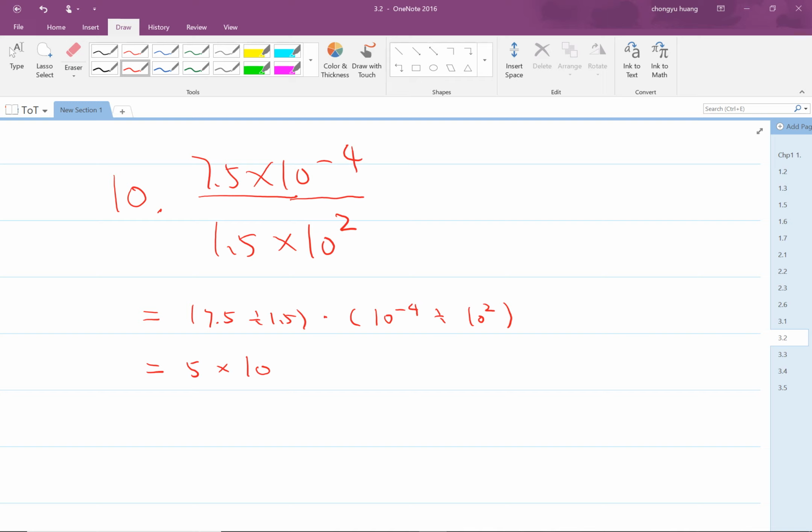So it just becomes 10 to the power of negative 4 minus 2, which is negative 6, right? So now we have actually solved the question, and we just leave it in scientific notation.